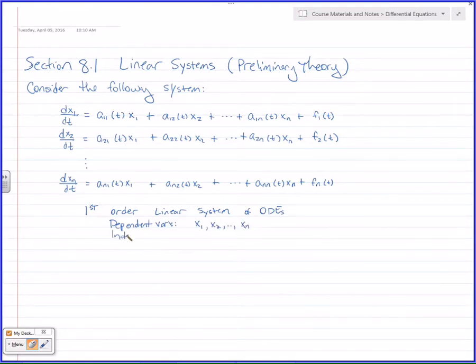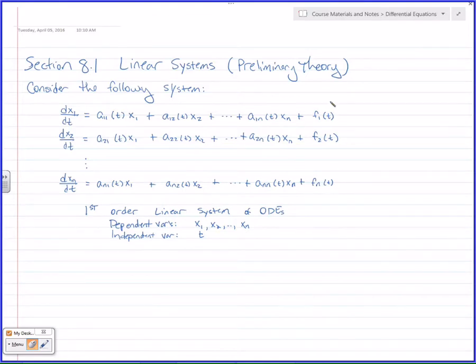The independent variable is t. And you can think of the f1 through fn as the right-hand side of our higher order differential equations that we looked at in chapter 4.